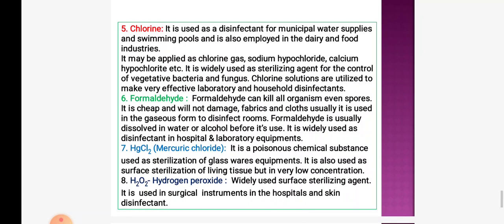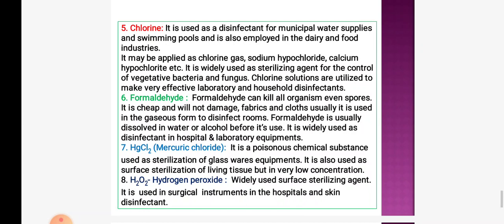Glassware and equipment which are used during different experiments are sterilized with the help of HgCl2. It is used for surface sterilization of living tissue, but only in very low concentration is it useful. Glasswares are dipped in distilled water containing mercury chloride during the sterilization process in the laboratories.